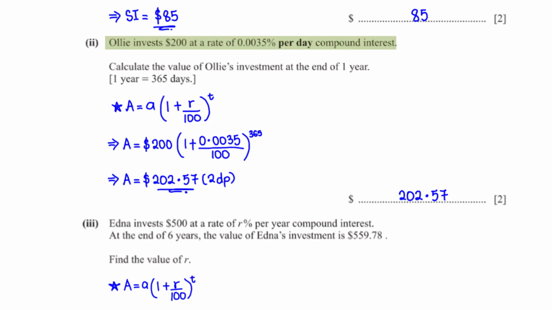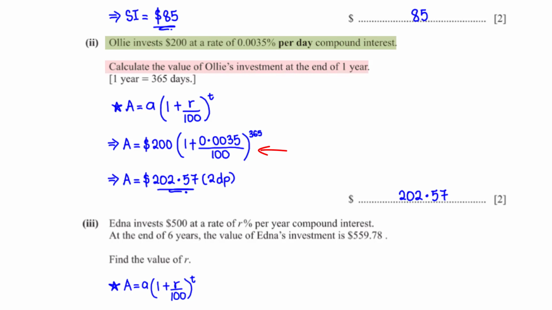Oli invests $200 at a rate of 0.0035% per day compound interest. Calculate the value of Oli's investment at the end of 1 year. 1 year equals 365 days. In this scenario, the investment is based on compound interest, and so we need to use this formula.